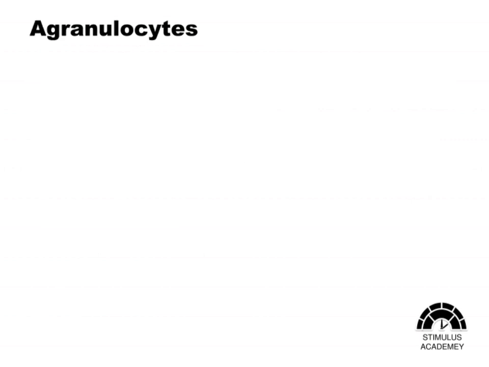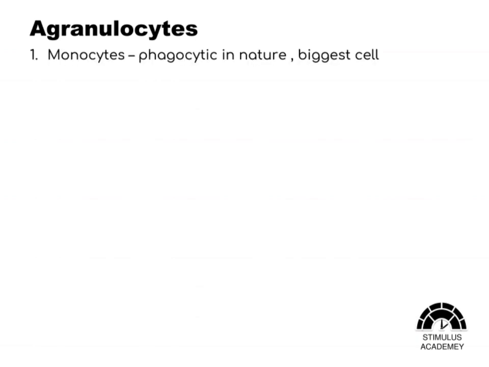Agranulocytes. Monocytes. These are phagocytic in nature. Which cell was phagocytic in granulocytes? Yes, you are right. The neutrophils were phagocytic in granulocytes, whereas monocytes are phagocytic and these are agranulocytes. And it is the biggest cell of all WBCs, all leukocytes.